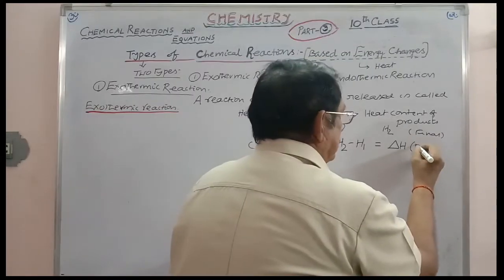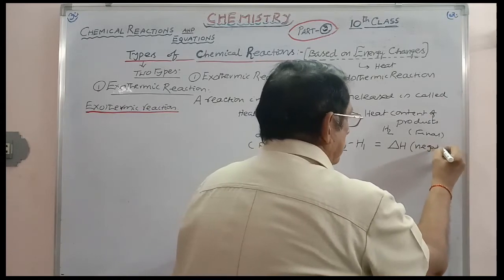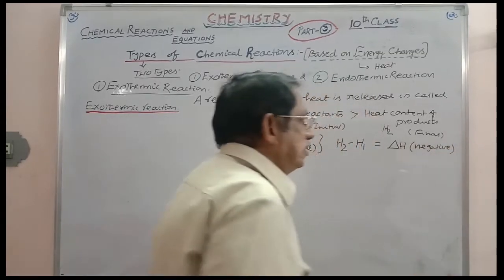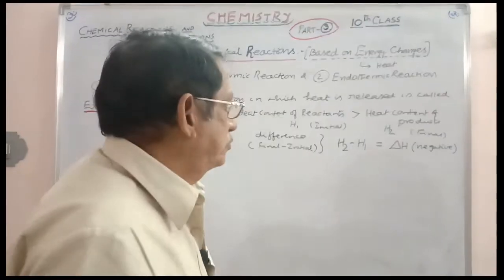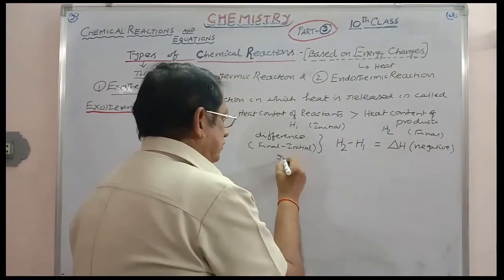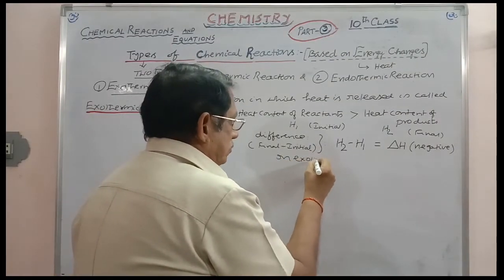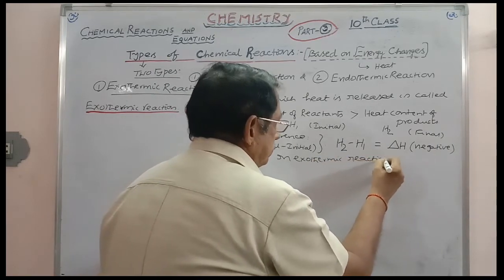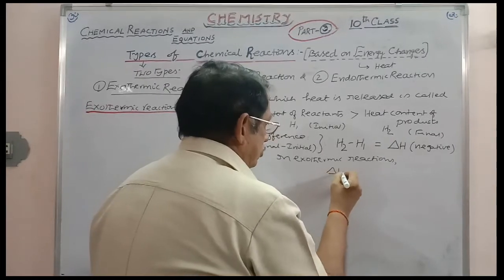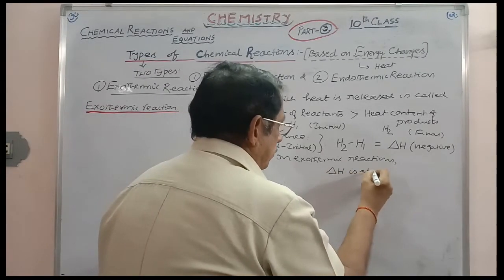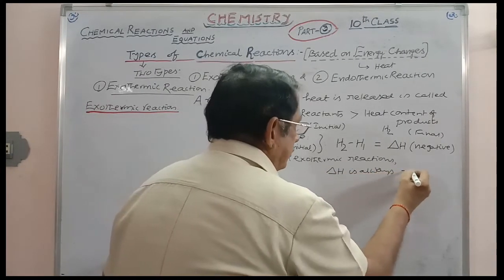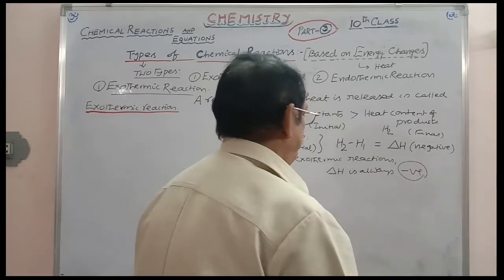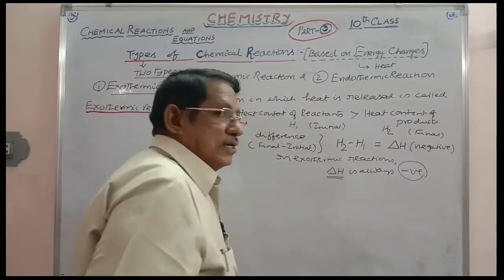Delta H here is negative. So in exothermic reactions, delta H is always negative.